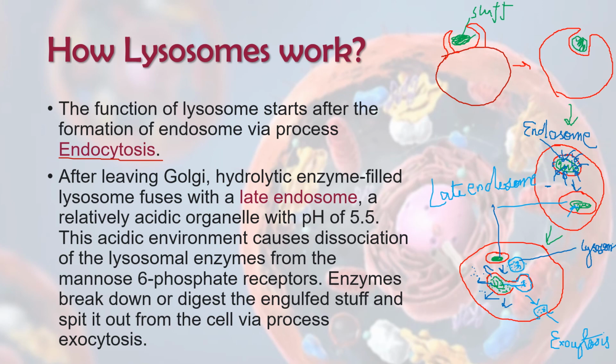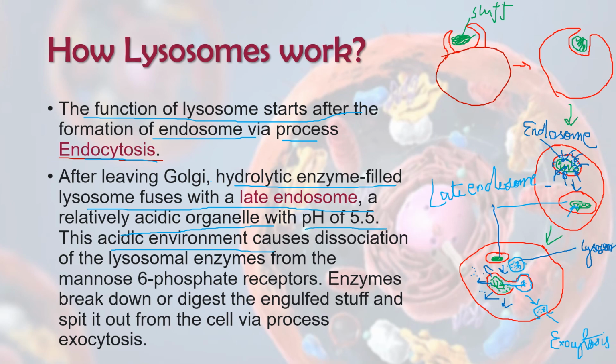So the function of the lysosome starts after the formation of the endosome via endocytosis, as we just talked about. Now, after leaving the Golgi, the hydrolytic enzyme-filled lysosome fuses with a late endosome, and this late endosome has a very acidic environment inside the lumen, about pH 5.5.